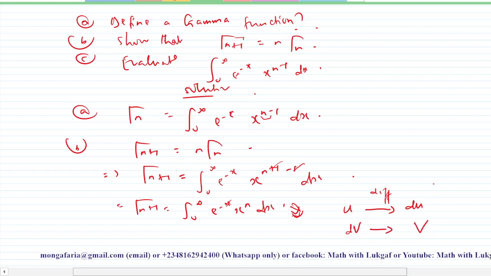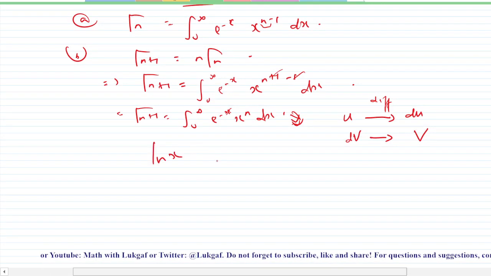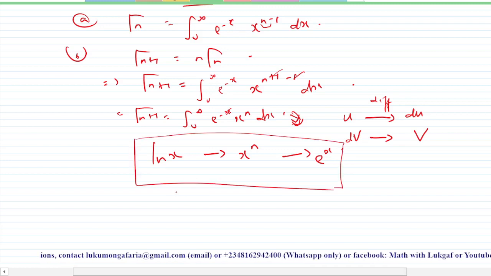Don't forget the priority order I gave you. If you want to take your u, you have to consider whether in your integrand you have a logarithmic function, ln x. If it is not there, you check for x raised to the power of something. If it is not there, you check for e raised to the power of something. Based on this priority order, my u is going to be x raised to the power n.